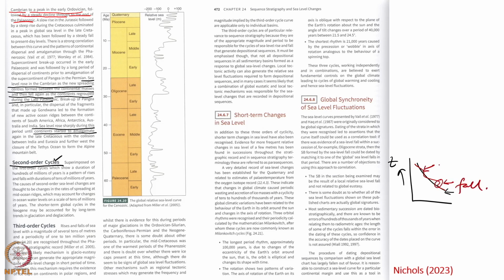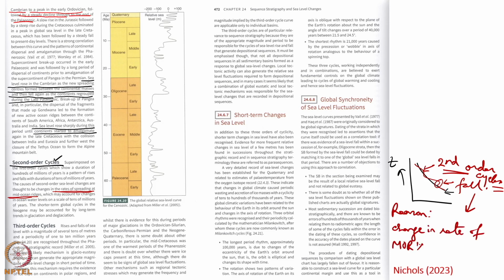Such details can be called as the second order cycle. The reason of these second order cycles is that the rate of spreading at the mid-oceanic ridges got changed with time, and that led to the second order cycles. The reason, change in rate of mid-oceanic ridge related spreading.